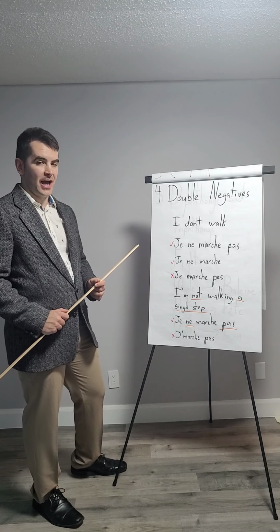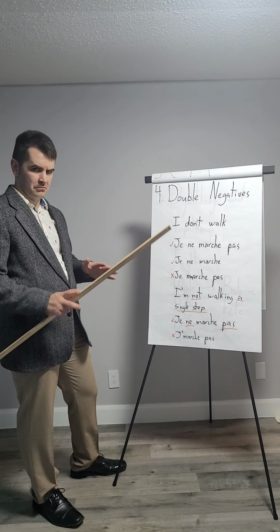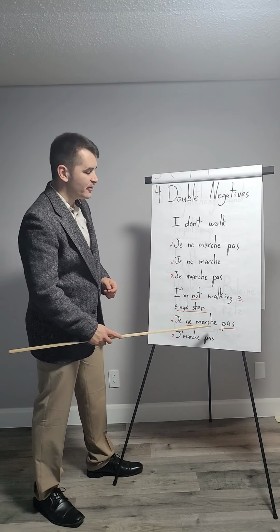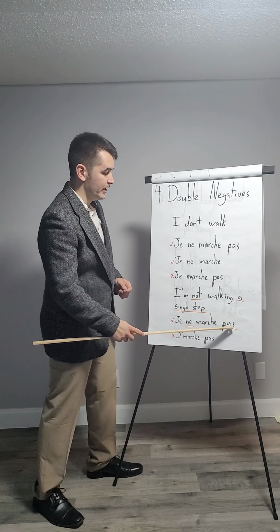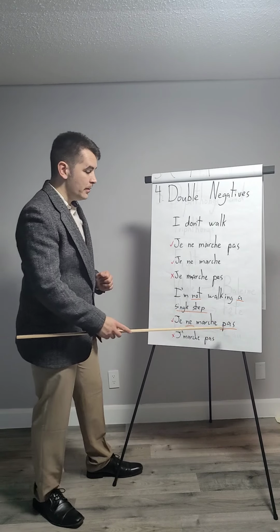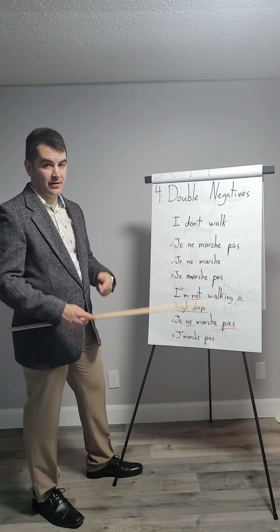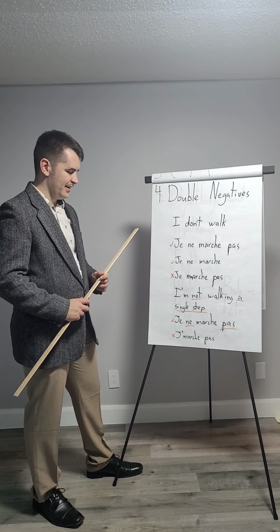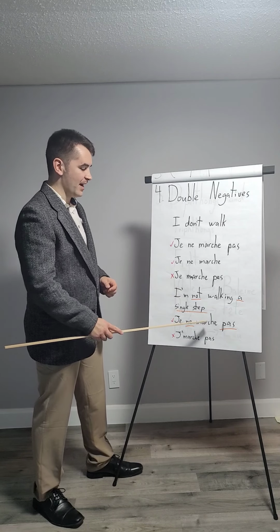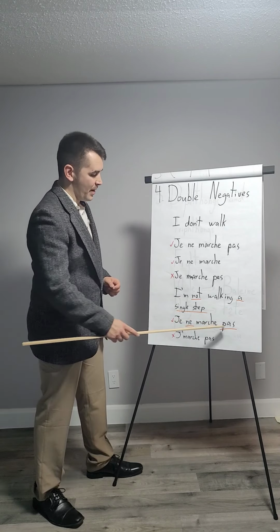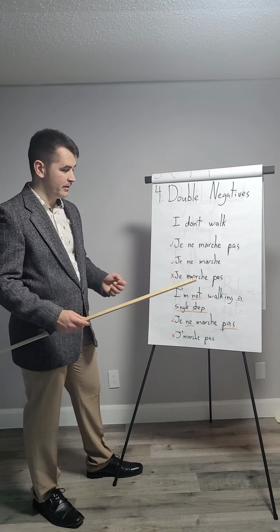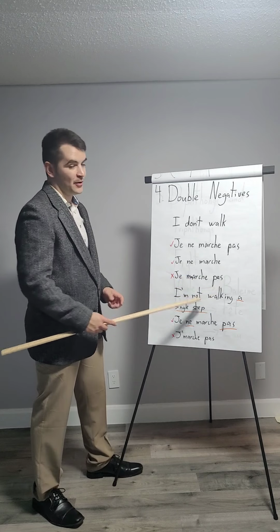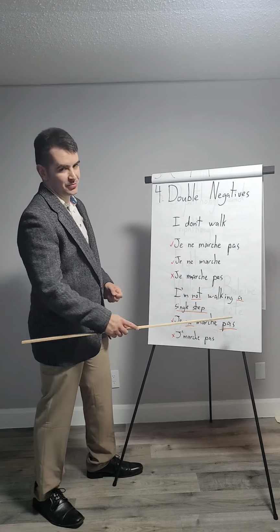And that's basically what happens in French in the Middle Ages, if I'm not mistaken. So je ne marche became je ne marche pas. As you may or may not know, pas actually means step as well as an indicator of negation. So it used to be je ne marche, and then it became je ne marche pas, and then in a spoken form anyways, it became je marche pas, or if you add the contraction, j'marche pas.